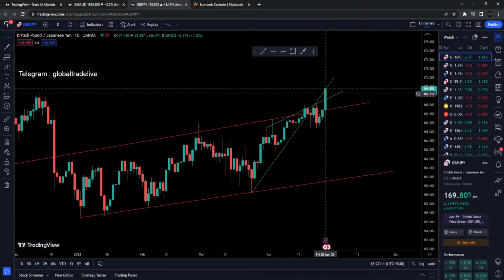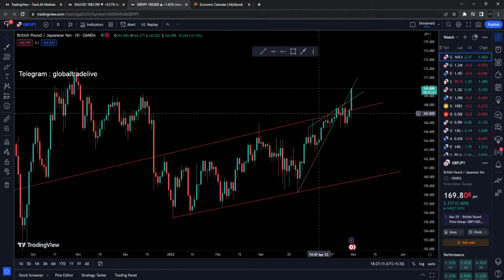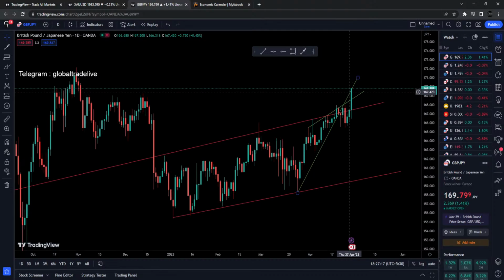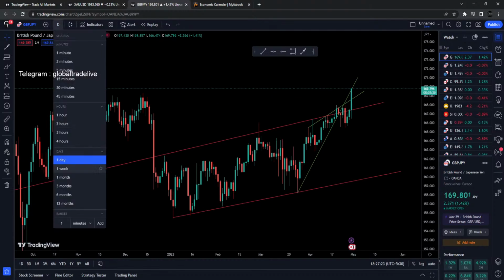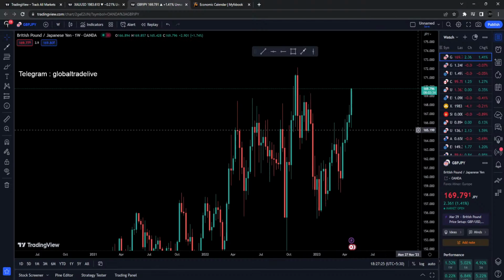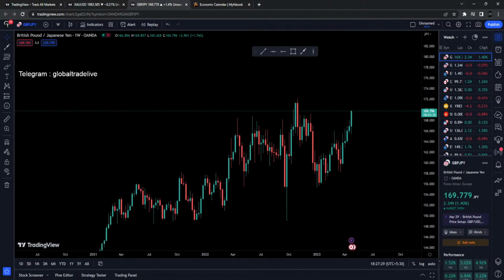Okay, so there is a possibility that it will continue to move up, but on the other hand, there is a possibility that the market will be rejecting all the higher prices and will reverse all the way back. So I'm gonna find that out by looking at the smaller time frames, because by looking at the weekly I can clearly say that the market can possibly move up to this level over here.